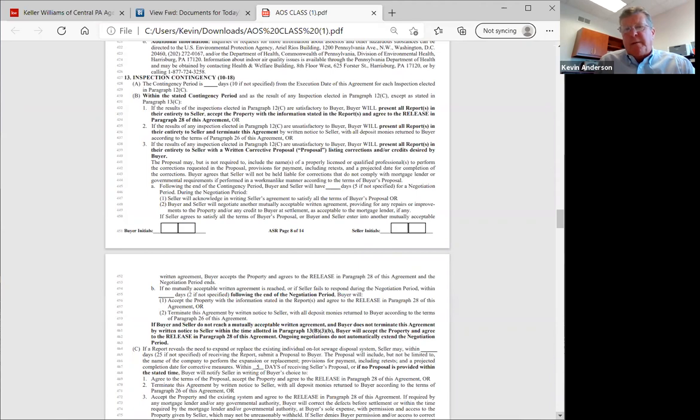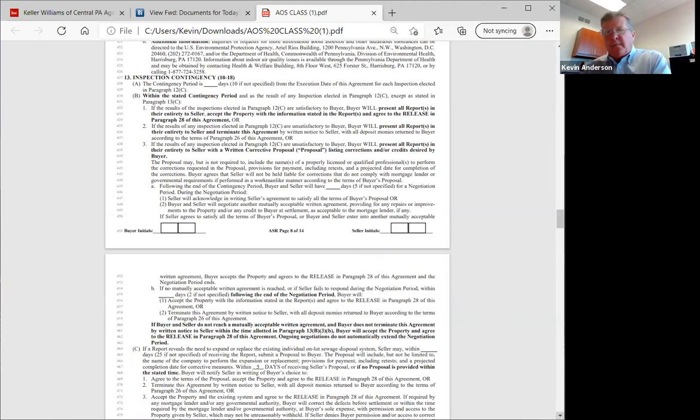So they either accept it, or they just flat out reject it, or the buyer writes a corrective proposal. And that proposal then, following the contingency period. So you have the 10 days. At the end of 10 days, then you have 5 days for the seller and buyer to negotiate those repairs.